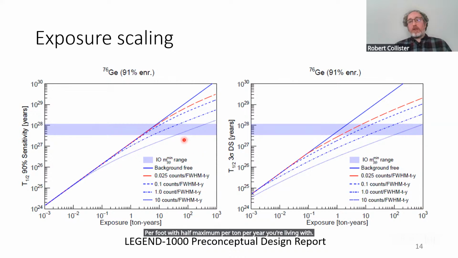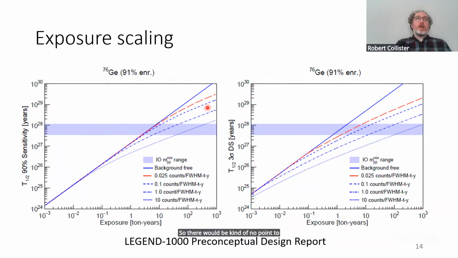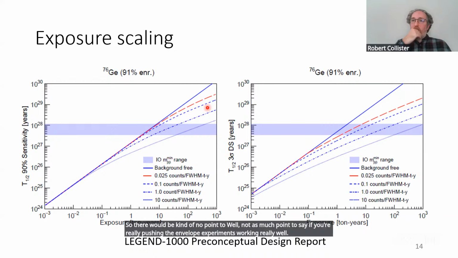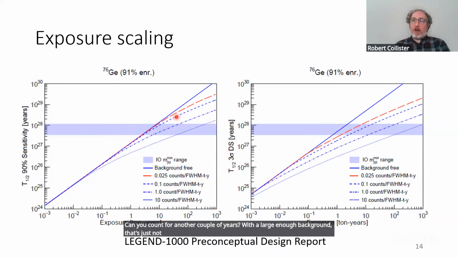If you're expecting 1 count per ton-year of exposure, then you're already losing an order of magnitude on your sensitivity after your 10 years of data taking. And that only gets worse as time goes on. So there would be not as much point, if you're really pushing the envelope and the experiment's working really well, to ask whether you can count for another couple of years. With a large enough background, that's just not a good use of time and resources.